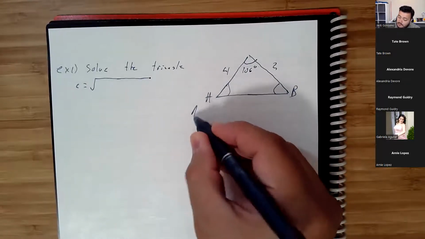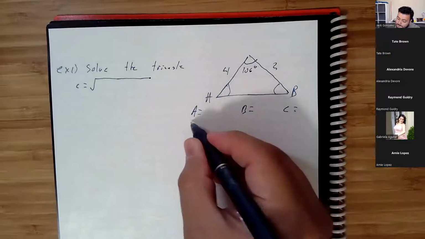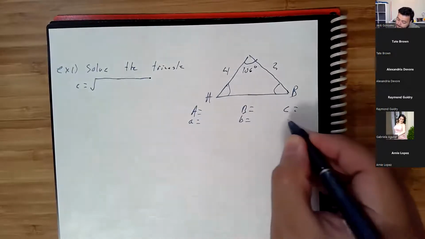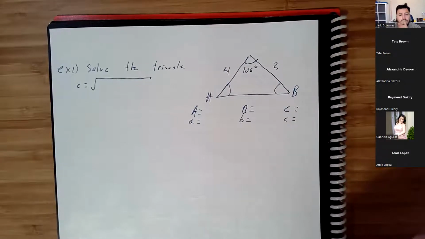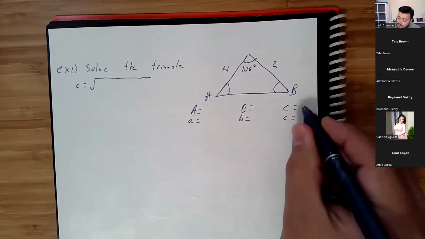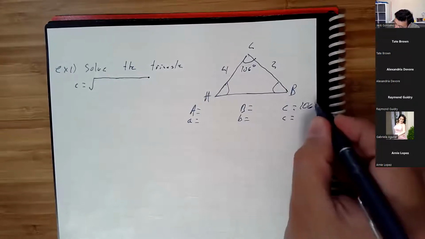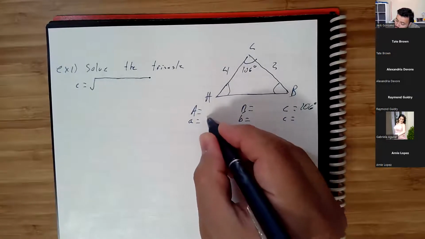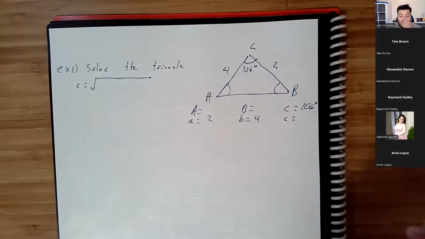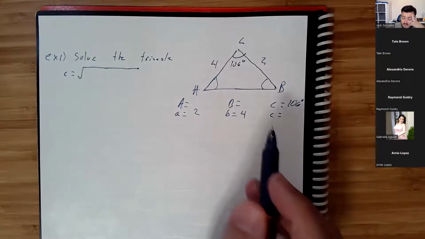So right here, we need to find these. We were given capital C and these two sides over here. So notice I cannot use law of sines. This is case 3.